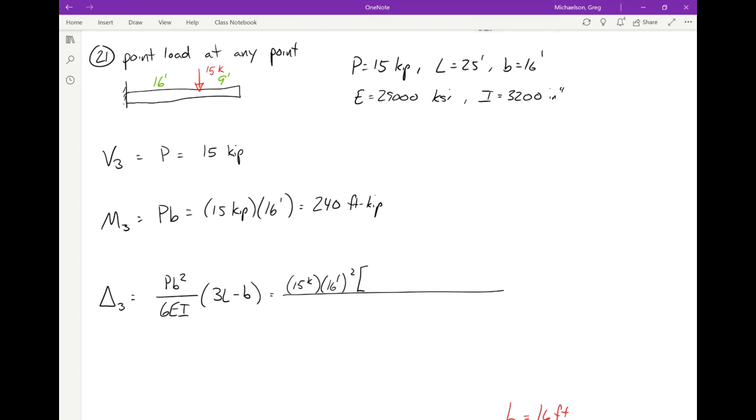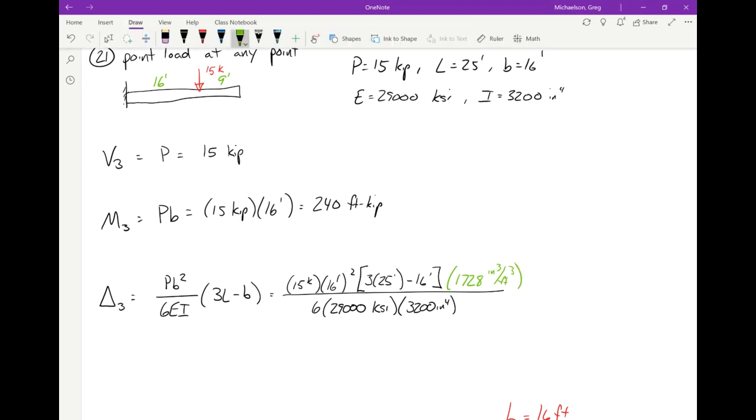Put this in brackets, so 3 times 25 feet minus 16 feet, and then 29,000 KSI, 3,200 inches to the 4. Again, don't forget, 1728.